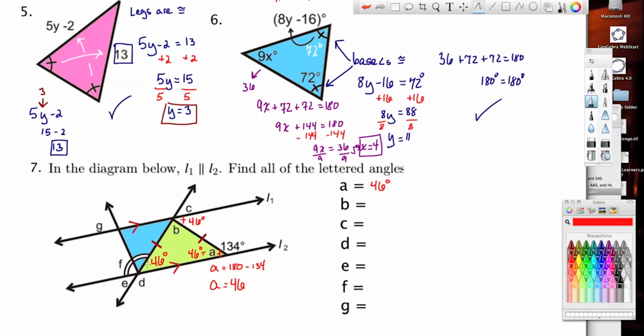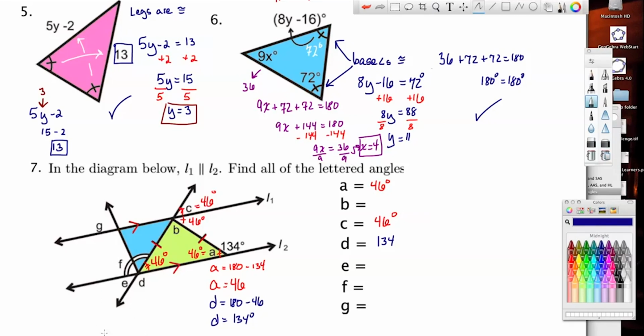I've got some alternate interior angles here. I have base angles of a triangle congruent. I've got some corresponding angles here, so C is going to be 46. D here is a linear pair with the 46, and so that gives me 134.